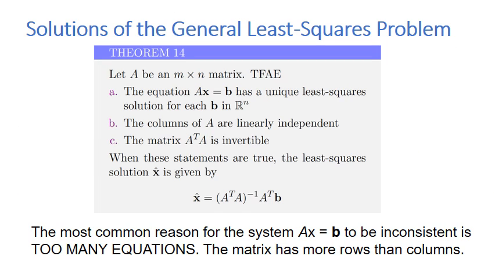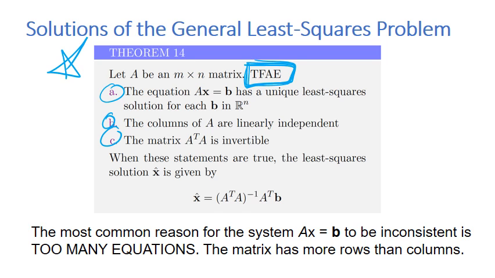So this leads us to Theorem 14, and Theorem 14 says let A be an m by n matrix. This is shorthand for some mathematical speak, which stands for the following are equivalent. So if we have an m by n matrix, the following three items are equivalent.